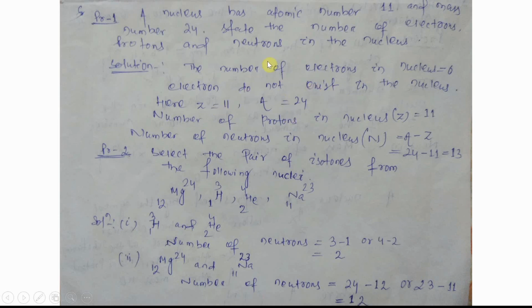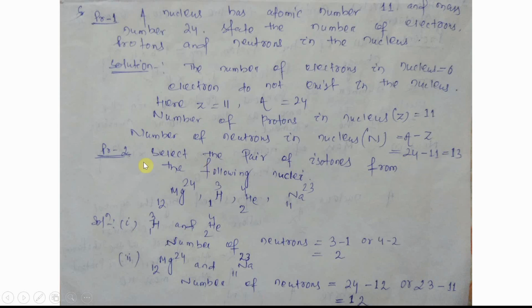I have taken the atomic number, the proton number, Z equal to 11 and A equal to 24, which is the number of protons in the nucleus. But we know A equal to Z plus N, so N equal to how much? A minus Z. So A value is 24 minus 11, that is equal to 13.